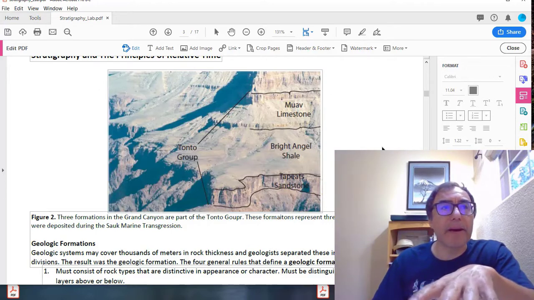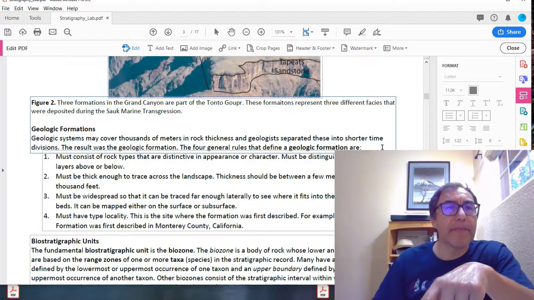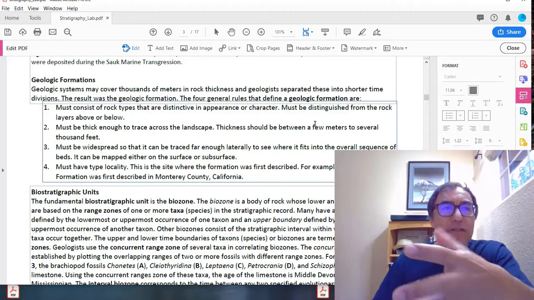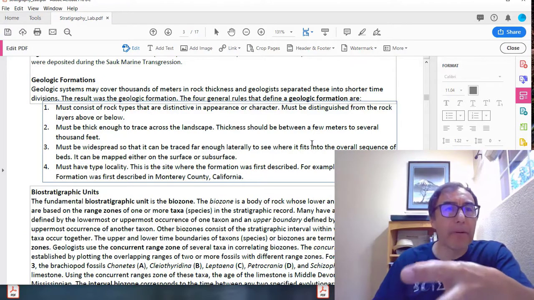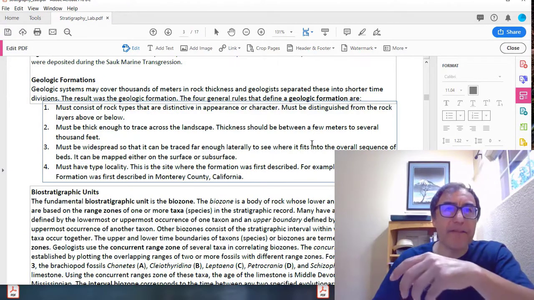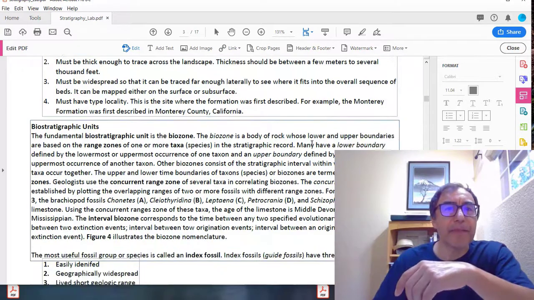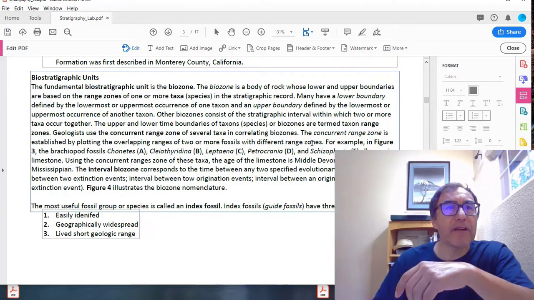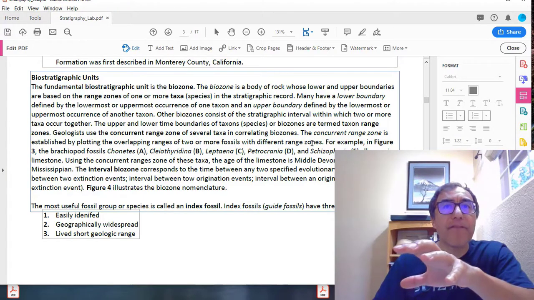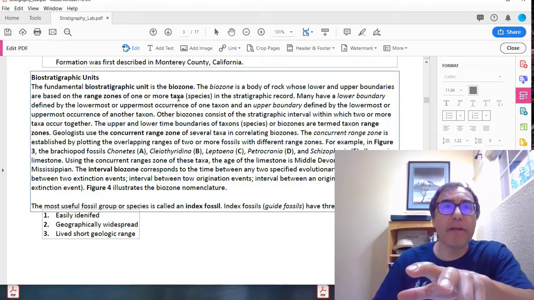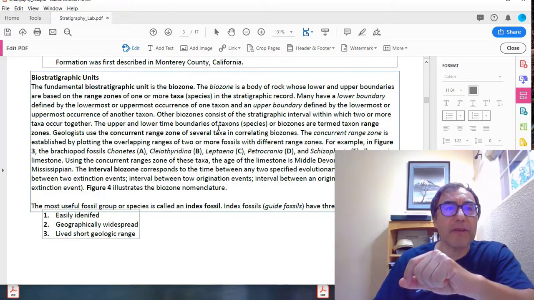But anyway, it's a little bit more terminology here and how formations need to be mappable and thick enough and distinctive enough from each other. And then for the biostratigraphic units, again, they're based on the fossils, and it could just be one species or several species that may define that biostratigraphic unit.